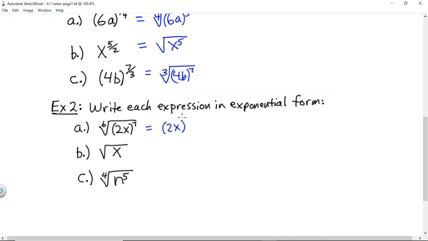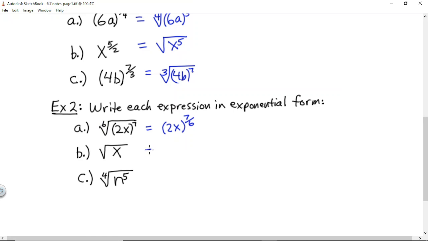And in exponential form, we know the numerator of our fractional exponent is whatever the power is. That's the numerator. So that's 7. And the denominator is the index. It's 6.